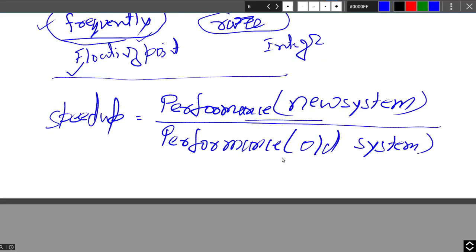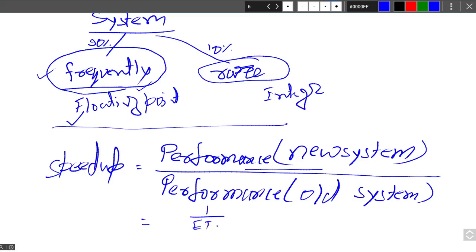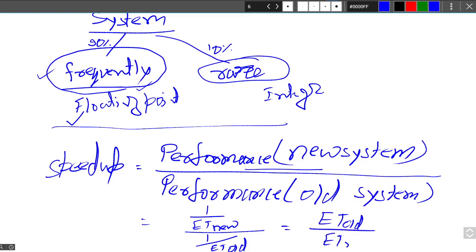So it will be 1 upon the execution time of the new system upon 1 upon the execution time of the old system. It can be understood as the execution time of the old system upon the execution time of the new system.